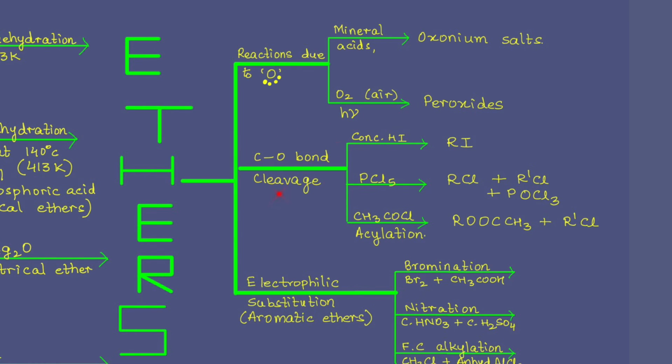Reactions involving the breaking of the C–O bond. Now these reactions are the ones which we call nucleophilic substitution reactions. Remember, so many of them that we wrote when we were doing alcohols, breaking of the C–O bond. Now oxygen here is being guarded very well by these alkyl groups on the sides, right?